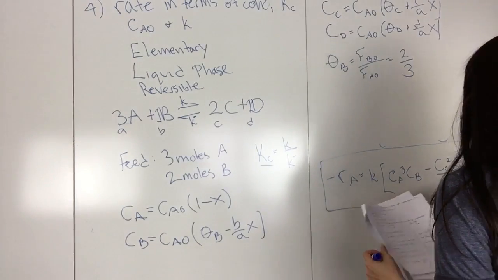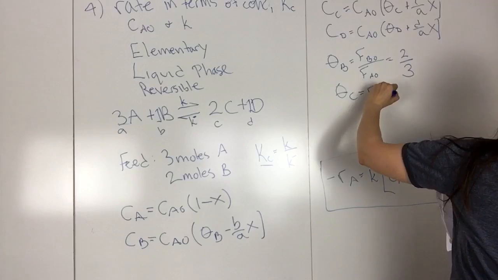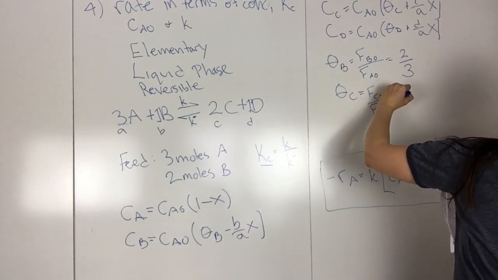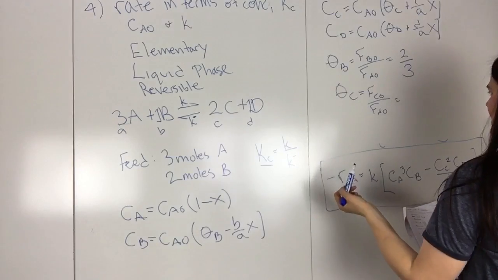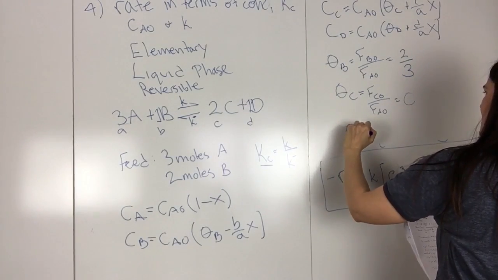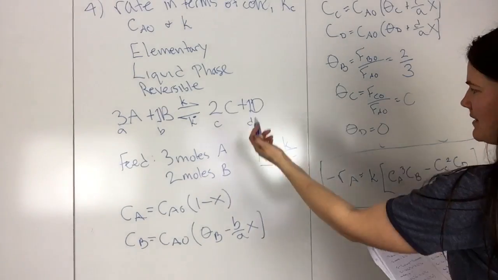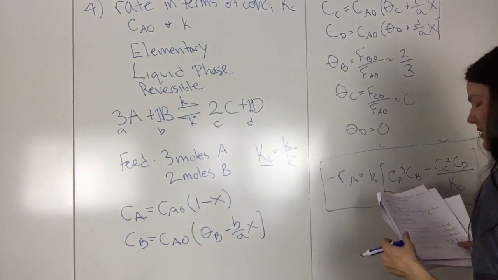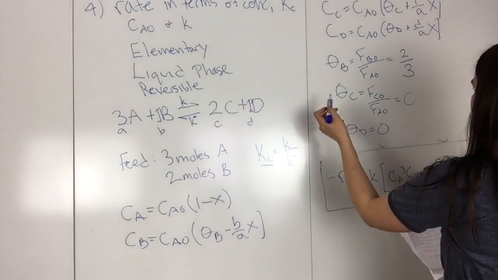And theta C is FC naught over FA naught. Since there's no C in the feed, this is 0. The same thing for theta D, because there's no D in the feed. Whatever chemical D is, it's not in the feed.